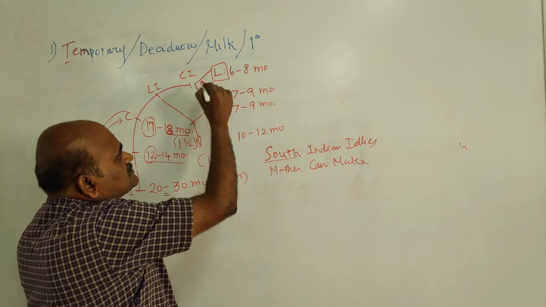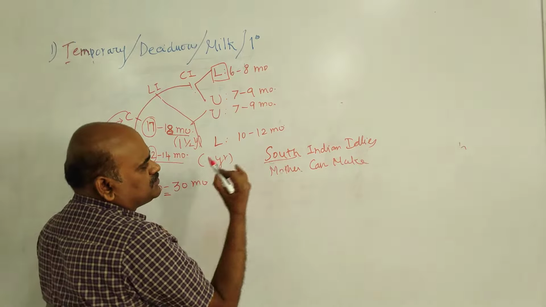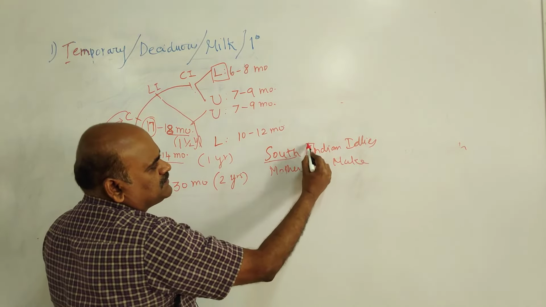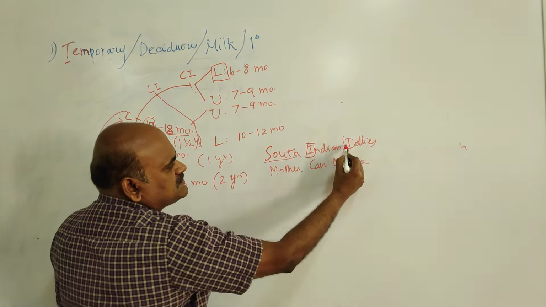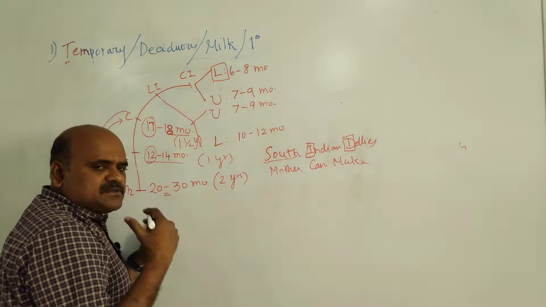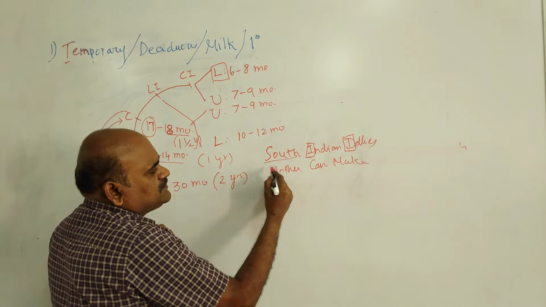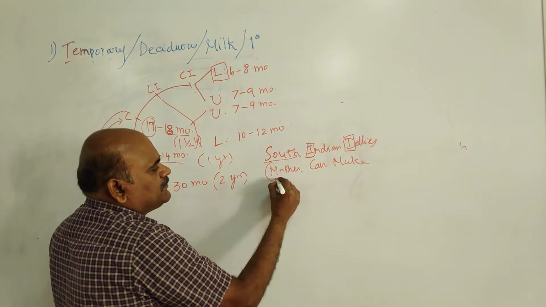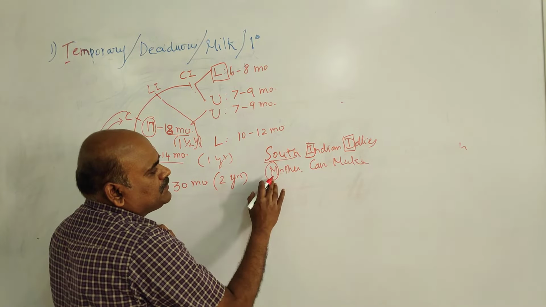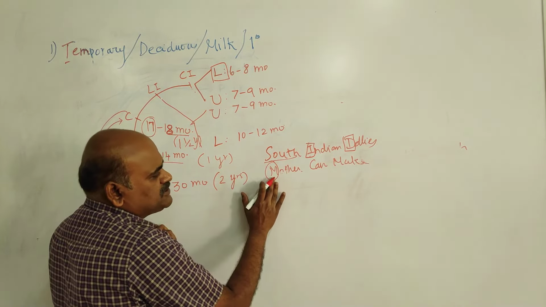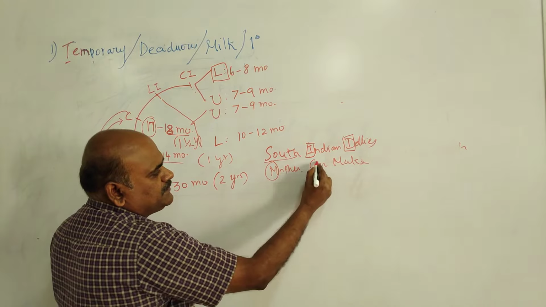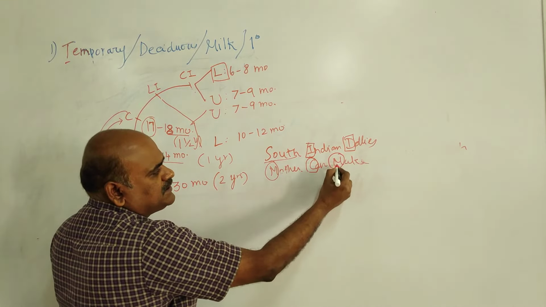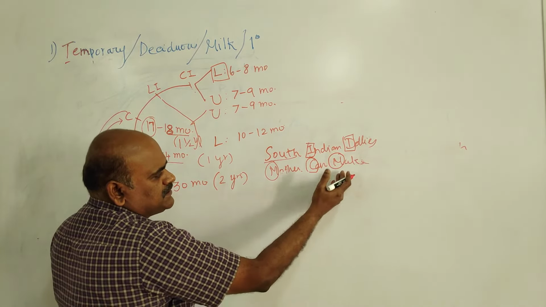So the first starts in the lower jaw. South represents the central incisors. This I represents the lateral incisor, in sequence. Then M, the first molar. Then C for canine. Then the last M represents the second molar.